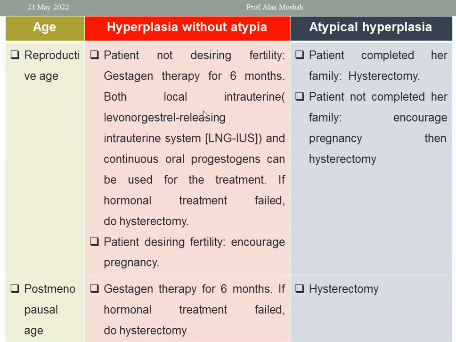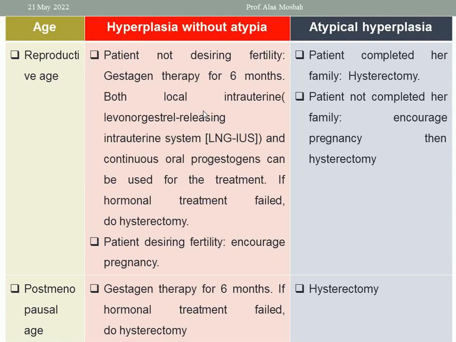If the treatment succeeds by biopsy after 6 months, well and good. If not, you consider it failed, so you should do hysterectomy. But if the patient is desiring fertility, you should encourage pregnancy.